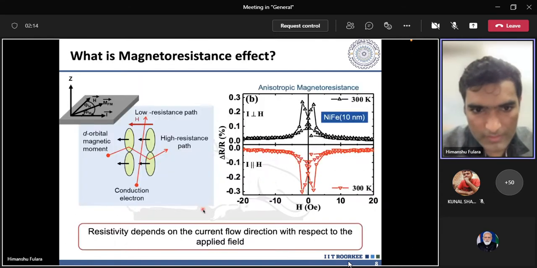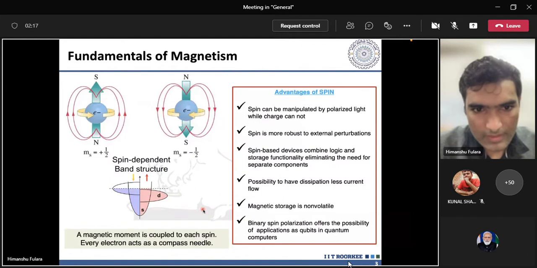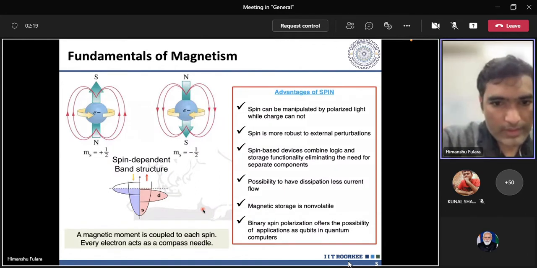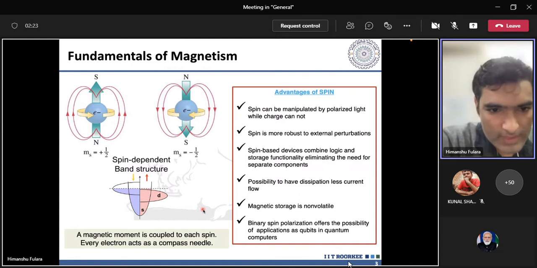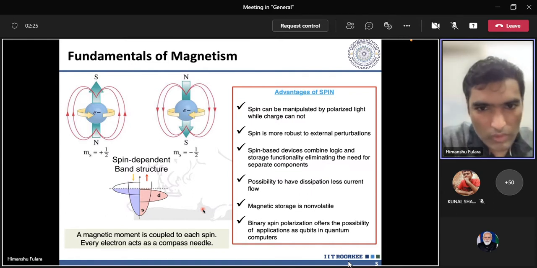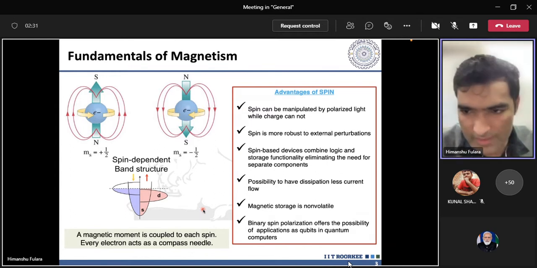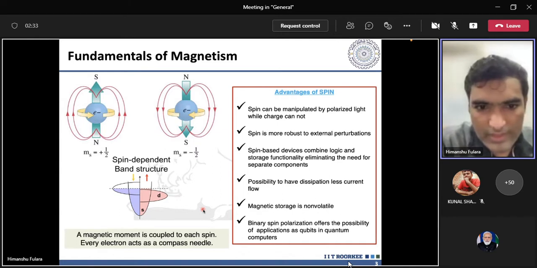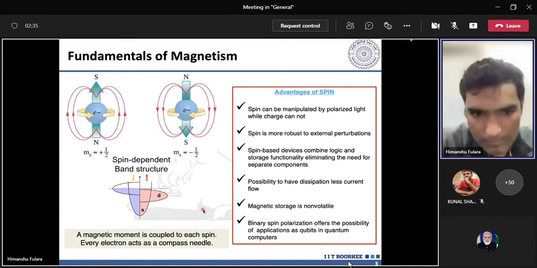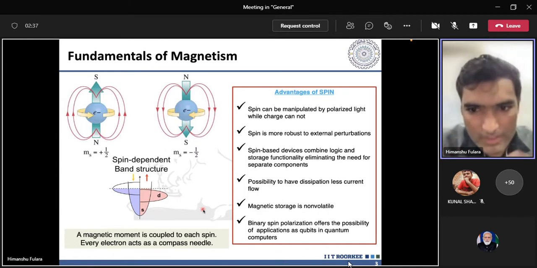You can see from this picture. If I make a similar picture just next to it, this spin up electron will prefer to go into the states where there is more vacancy, and the spin down electron will try to go in the place where there is more vacancy.